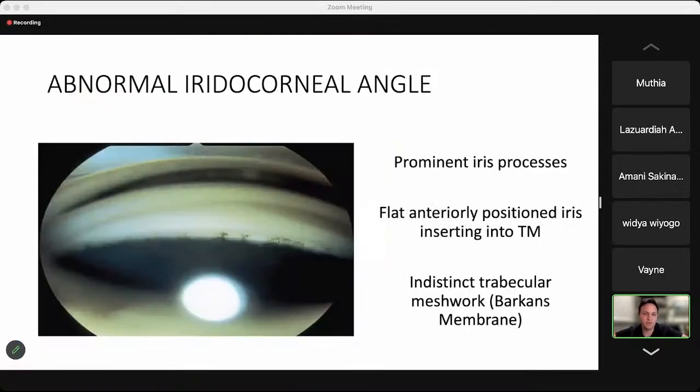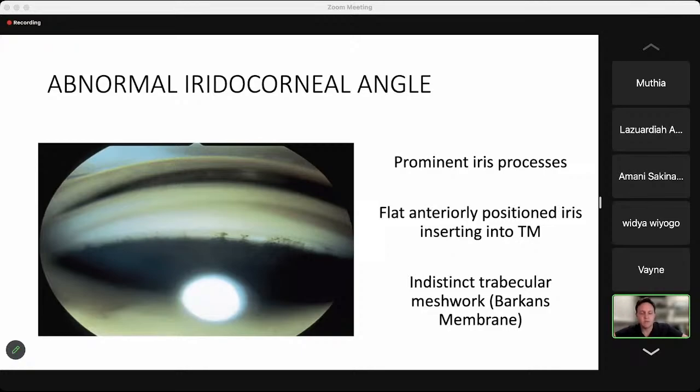As we talked about, the iridocorneal angle in glaucoma is abnormal in children. Sometimes it's difficult to completely exclude an abnormal angle from, I guess, an immature angle in newborn babies. They all look a little bit unusual.